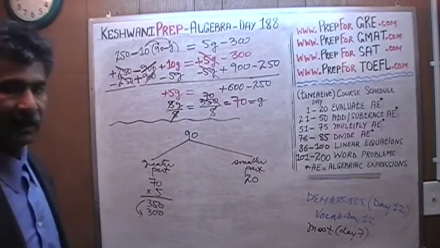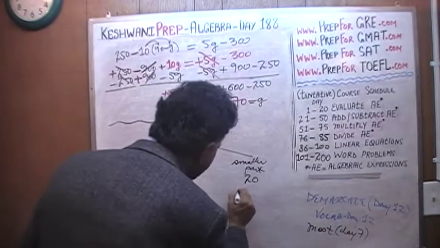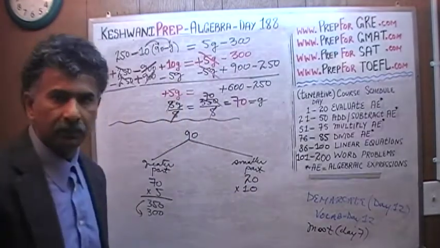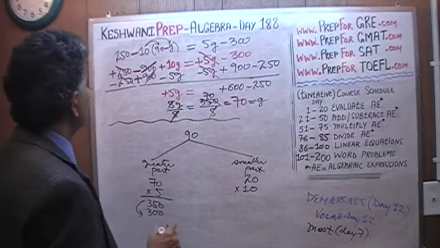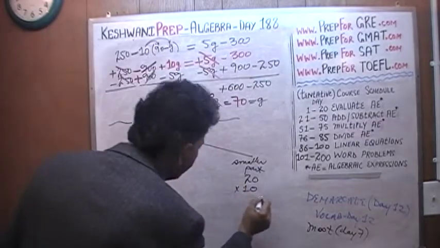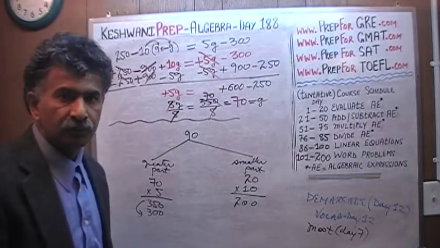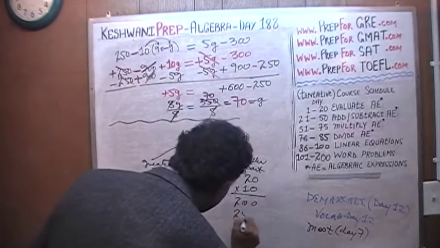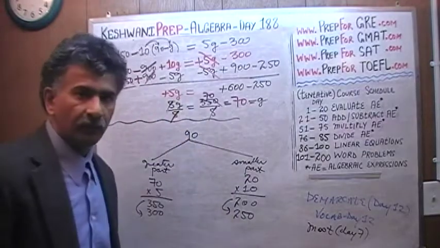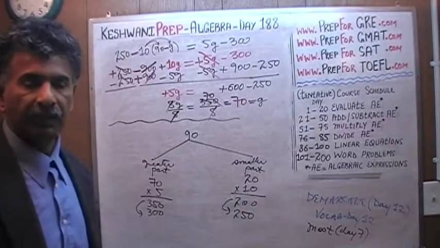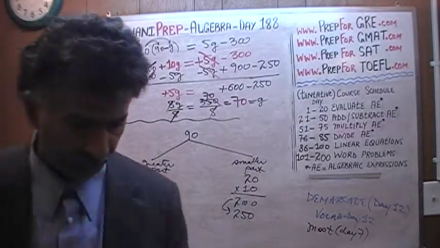Well, let's see what 10 times the smaller part is. 10 times the smaller part is 200. 200 falls short of 250 by how much? By 50.